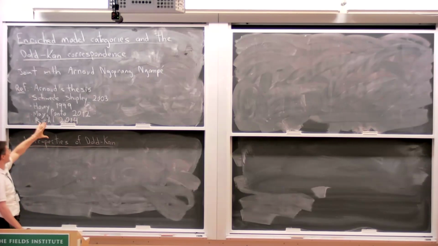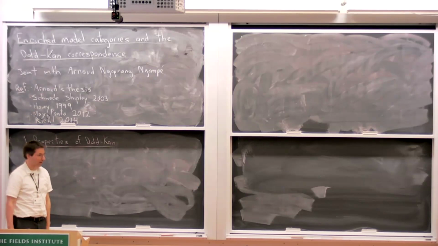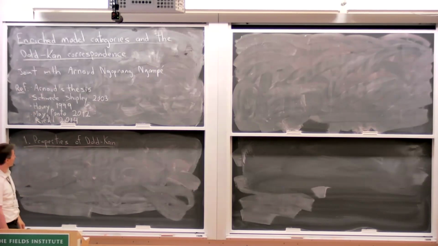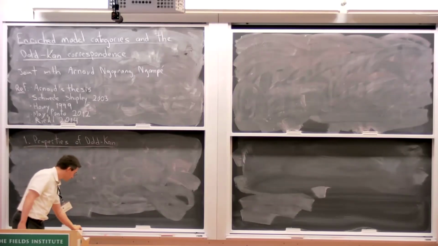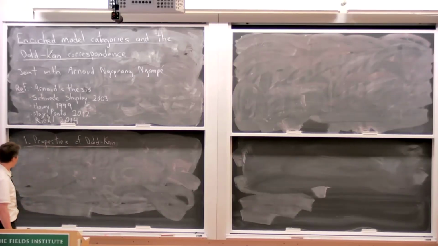In his thesis, some of the main references, just for background, are Schwede and Shipley, Equivalences of Monoidal Model Categories. That was very influential for this work. And then background references on model categories: Mark Hovey's book, May and Ponto's More Concise Course, and Emily Riehl's Categorical Homotopy Theory. Fantastic resources for what I'll talk about. All right, let's jump in.